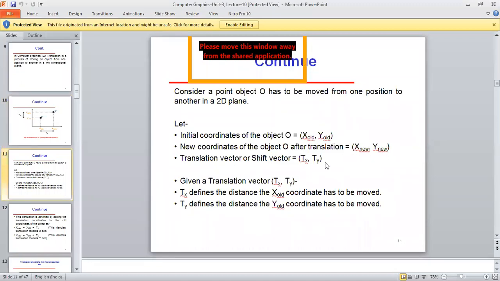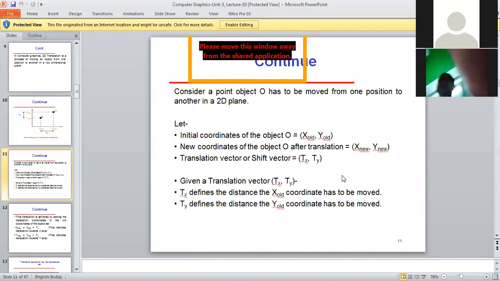After doing the translation, you will get these points x new, y new. Tx and Ty will be provided to you, the movement along the x-axis and the y-axis, and you can calculate these points easily just by adding Tx and Ty.